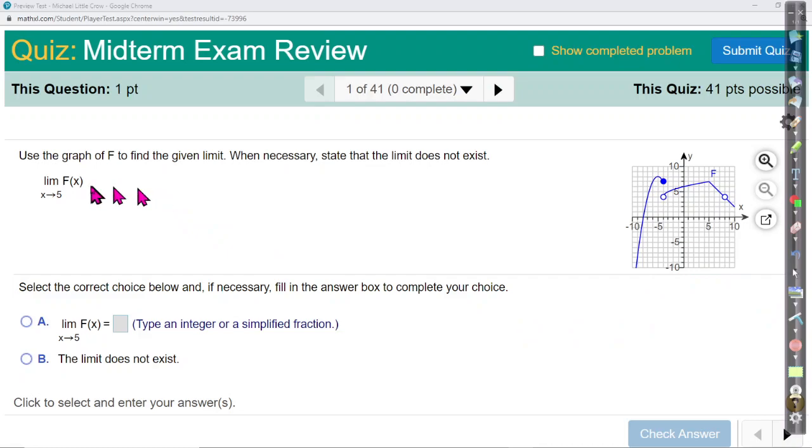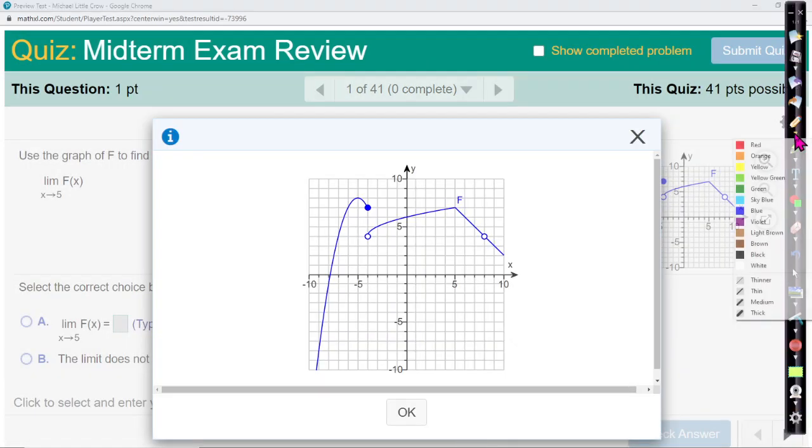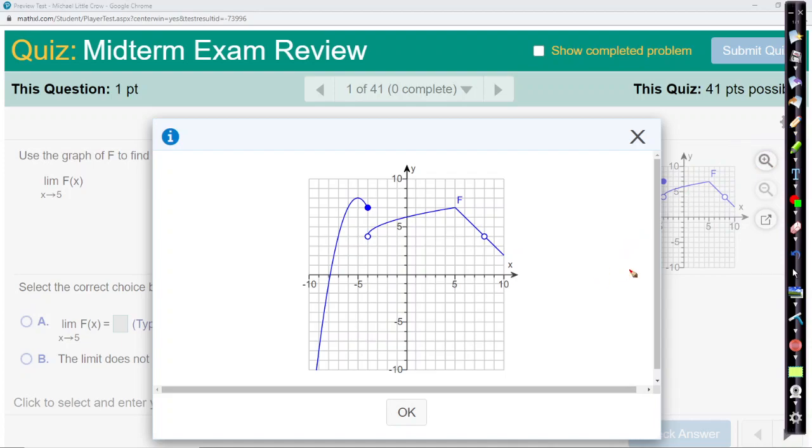So we've got this first question on limits. The limit of the function as x goes to 5. So let's get it nice and big. This is saying, as x goes to 5 from both directions, what's happening to the y? Actually there is a value, a point there.